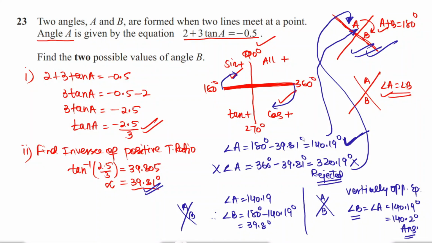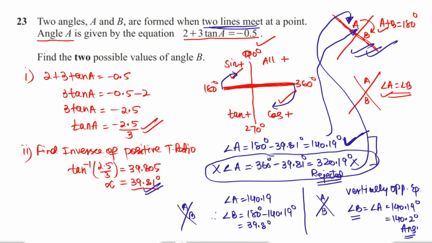So till here most of the students could do it, but after that they used to get stuck in this problem because it says that two lines meet at a point and angles A and B are formed. When two lines meet, angles A and B can be either on a straight line or on the opposite side.